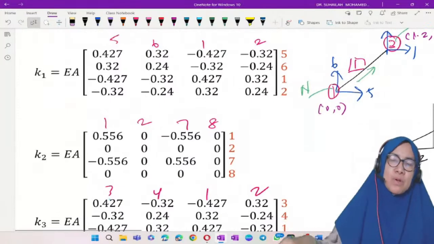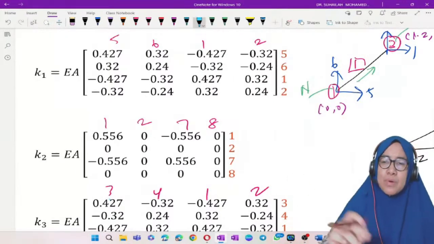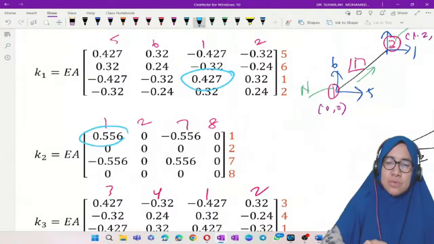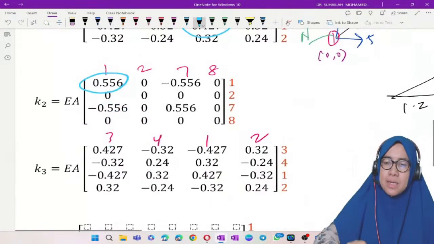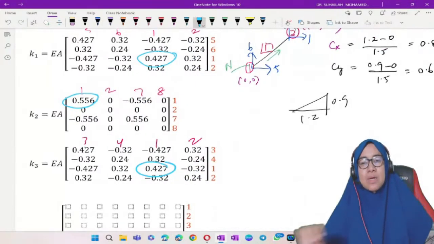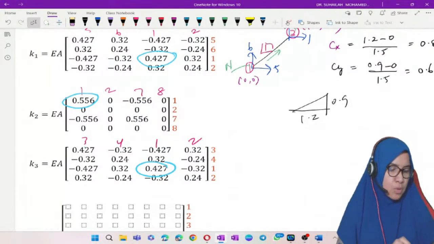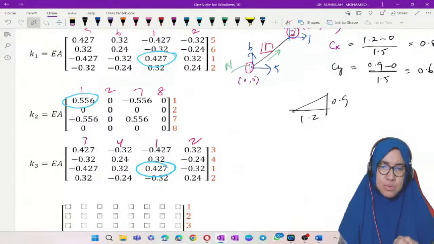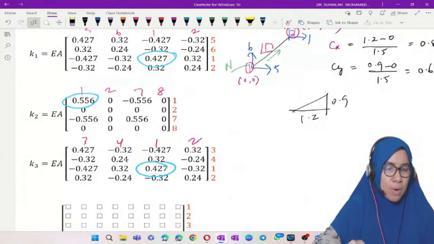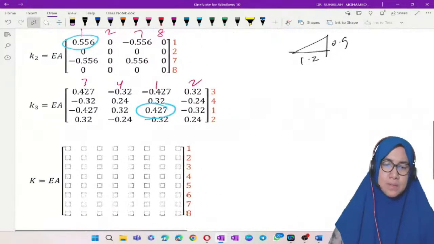For position 1, 1, it is this 1, 1, this is also 1, 1, and this is also 1, 1. So we add all of these. It is 0.427 plus 0.556 plus 0.427. So we get 1.41.